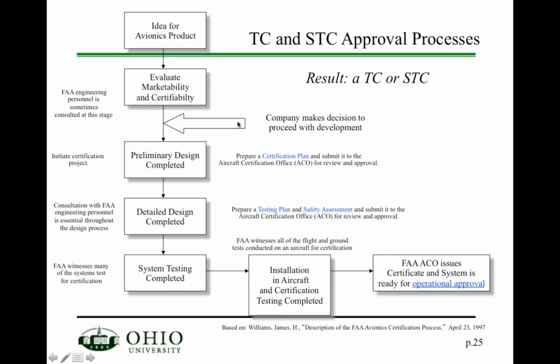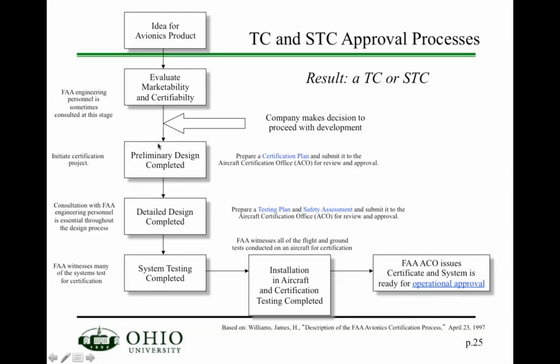Well, if the company decides to go forward, they of course come up with a preliminary design, and this has to do with systems engineering, which is really going to be next week's module. When they get to the preliminary design, they also have to make a certification plan. Not only do they have to come up with a preliminary, concept design, but they also need to come up with a plan of certification. How am I going to certify this? And how do I get the people involved?